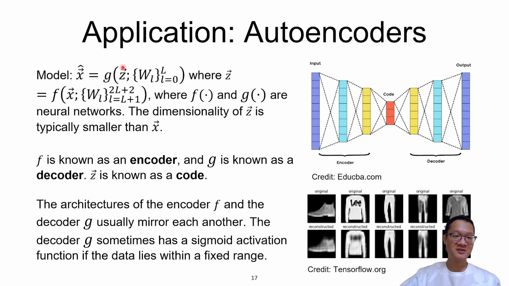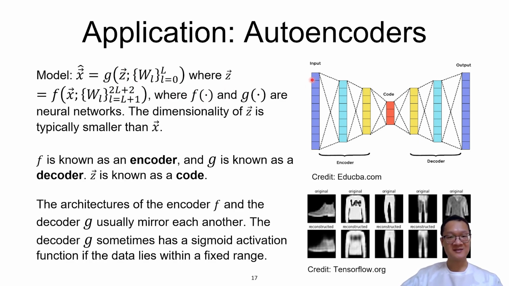So x hat represents an approximation of the input. The input to the function g, z, is equal to some other function f of x, the input, parameterized by some more weights, w_l, from big L plus 1 to 2 big L plus 2. Here, f and g are neural networks, and typically the dimensionality of z is smaller than the dimensionality of x.